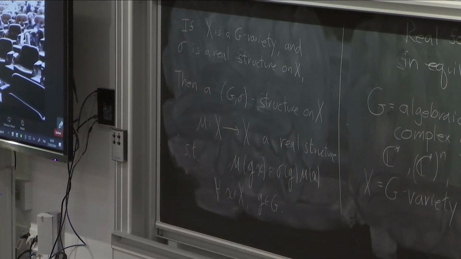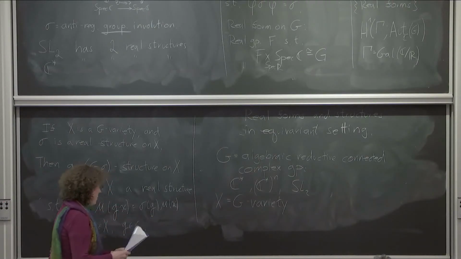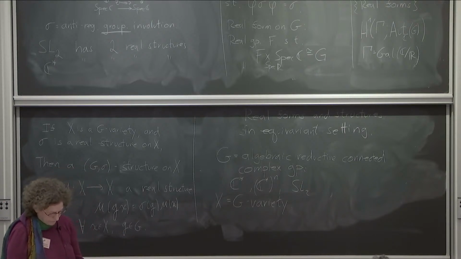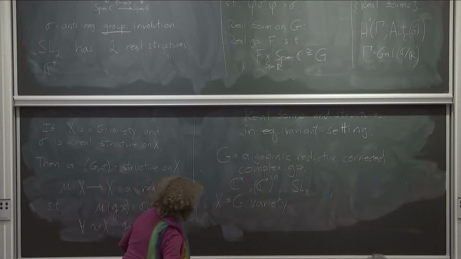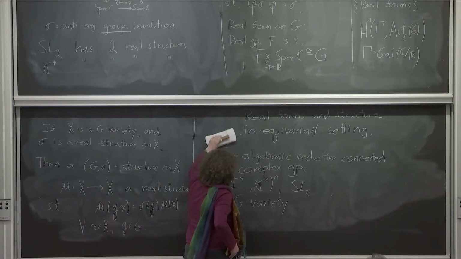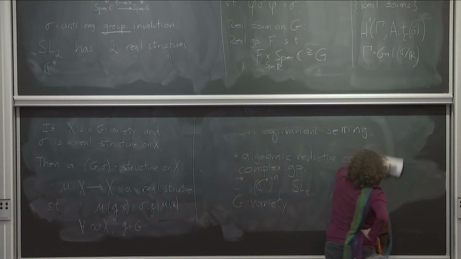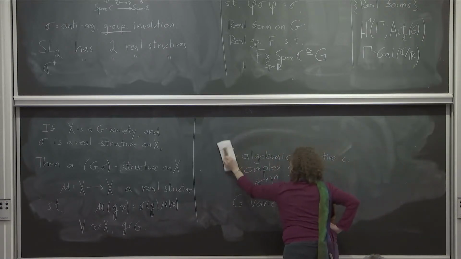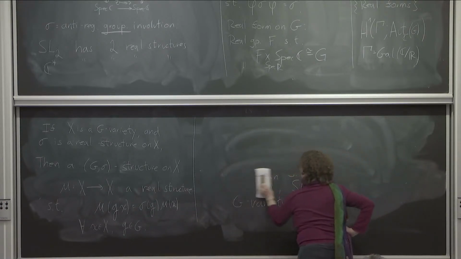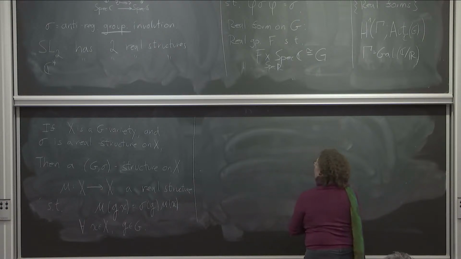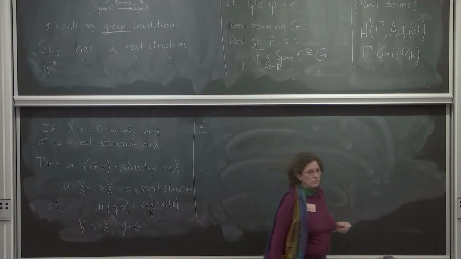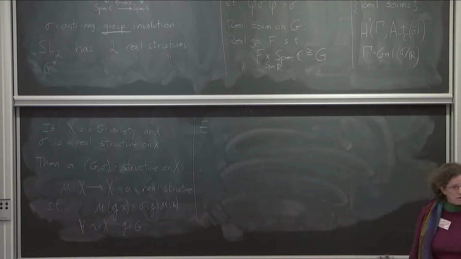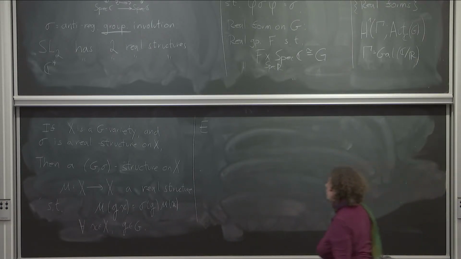So let me give some examples. Okay, G variety means that you have an action of G on X. That's the definition of G variety.